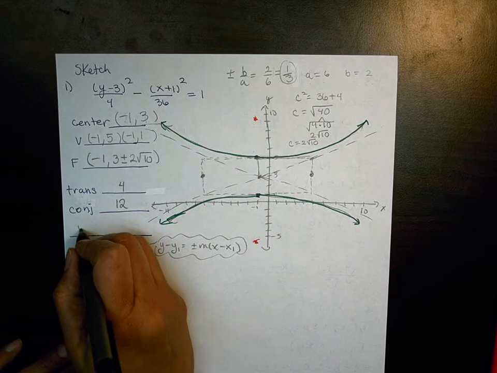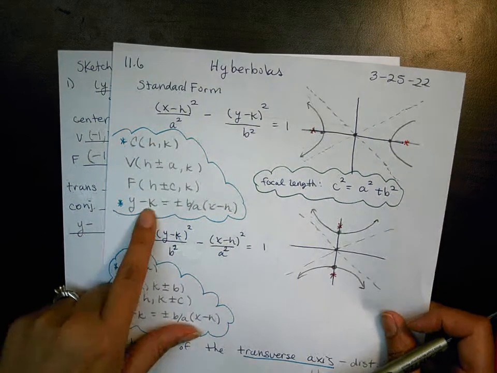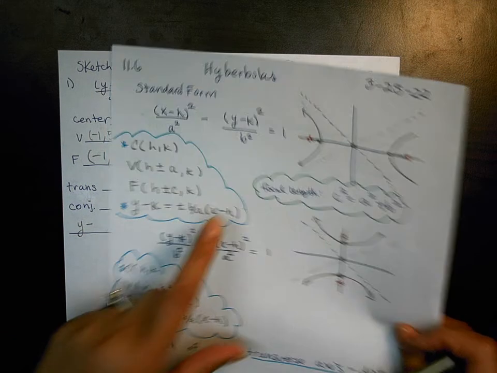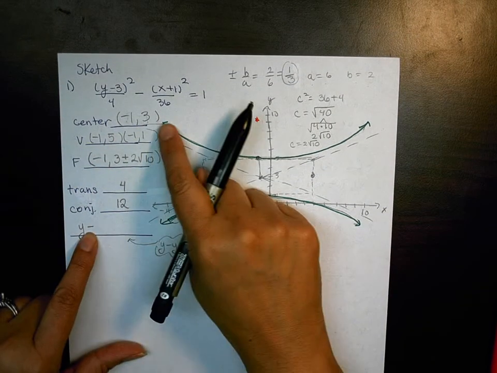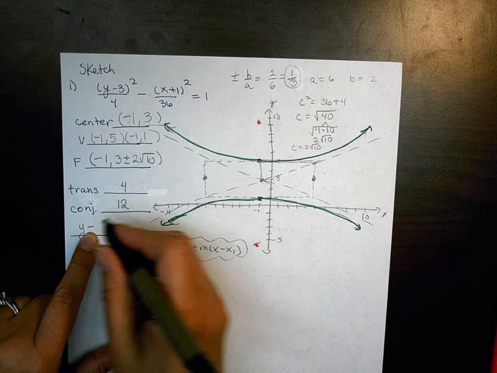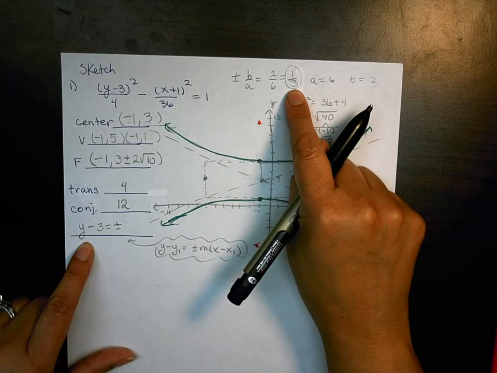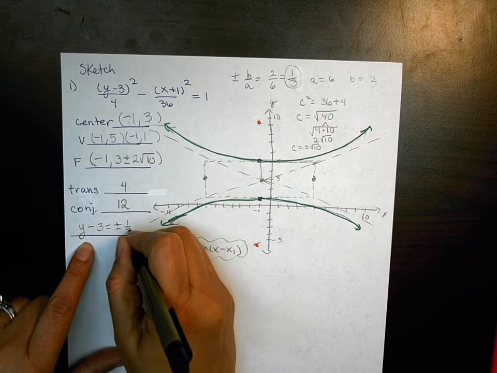All right, let's plug it in over here. According to the formula that I gave you earlier, instead of y1, we're going to use k. Instead of x1, we're going to use h, and that's just coming from our (h, k). So y minus the y value of the center, which is 3, equals plus or minus b over a, which we got what? 1/3, and that's plus or minus because it's a positive slope and a negative slope.